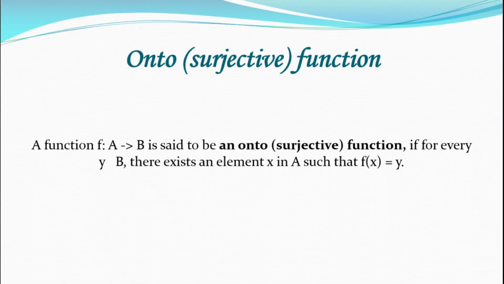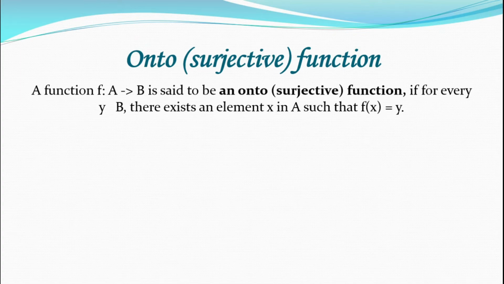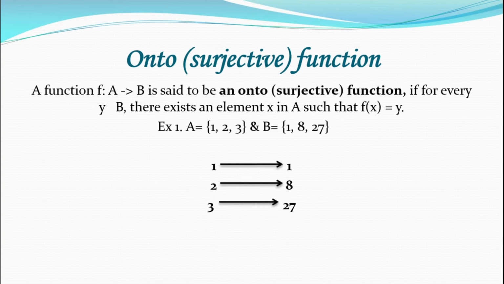Our second type of function is onto or surjective function. A function f from A to B is said to be onto or surjective if for every element y in set B there is an element x in set A such that f of x is equal to y.